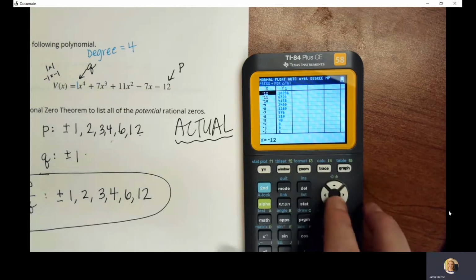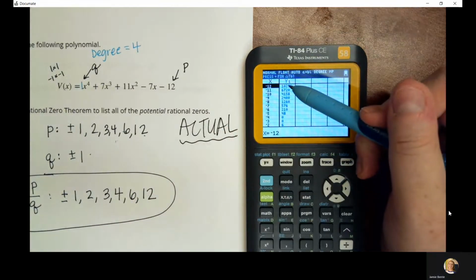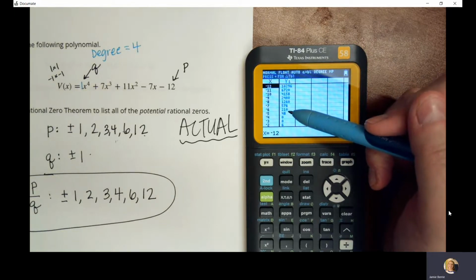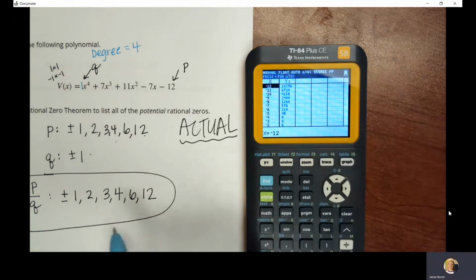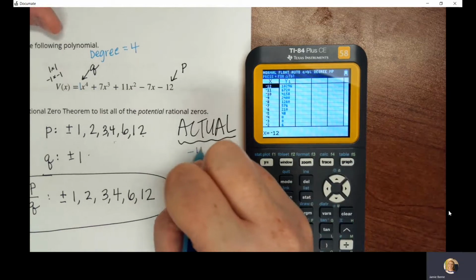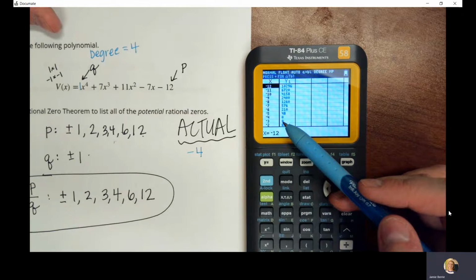All right, so let's see, I'm going to start up here with negative 12. Negative 12 does not work. What about, let's see, negative 6? Nope. I'm kind of working backwards here. 4, negative 4. Okay, that one works. Negative 4 works. Negative 3 works.